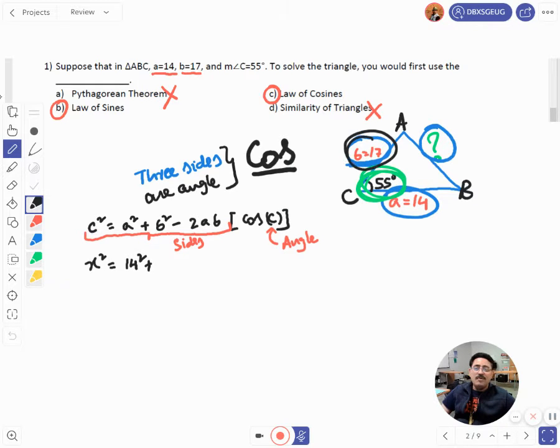And what is the b value? You see that it is 17. So just plug in the values in the given rule: a value is 14, b value is 17, minus 2 times a times b, oh my gosh, too many calculations, multiplied by cos C.